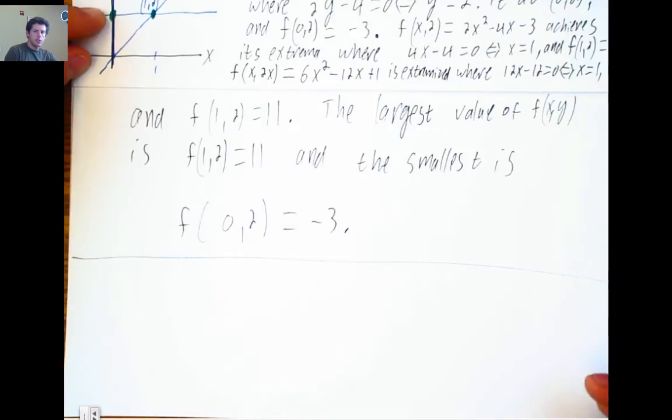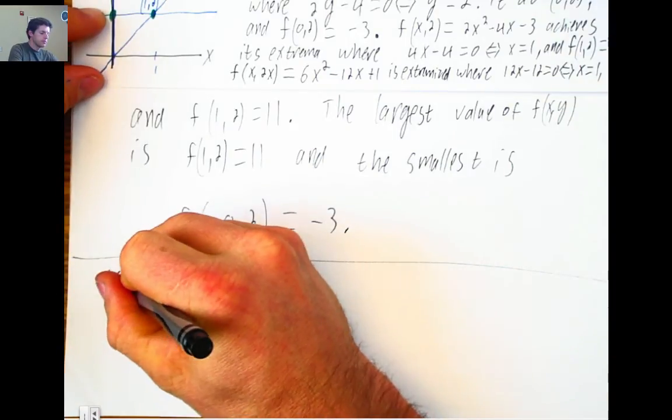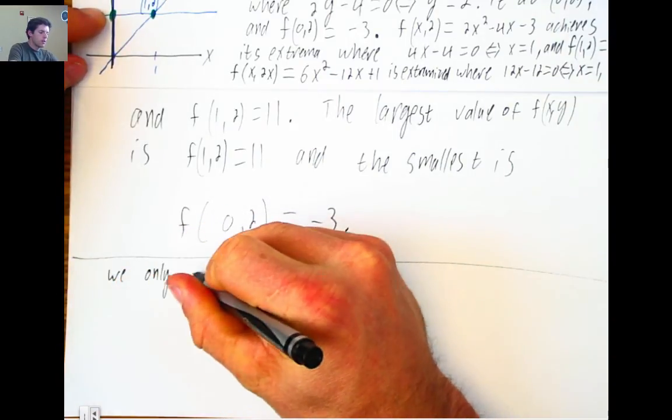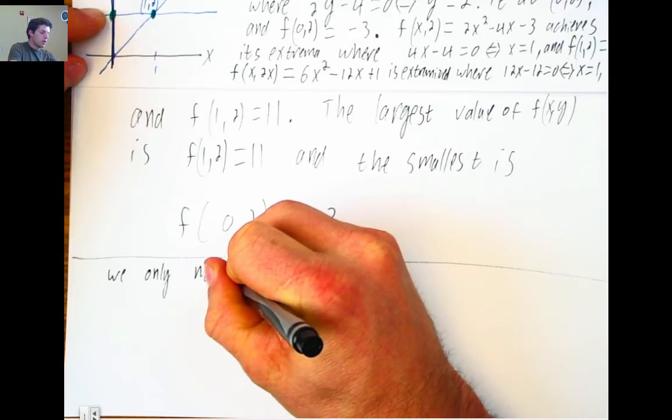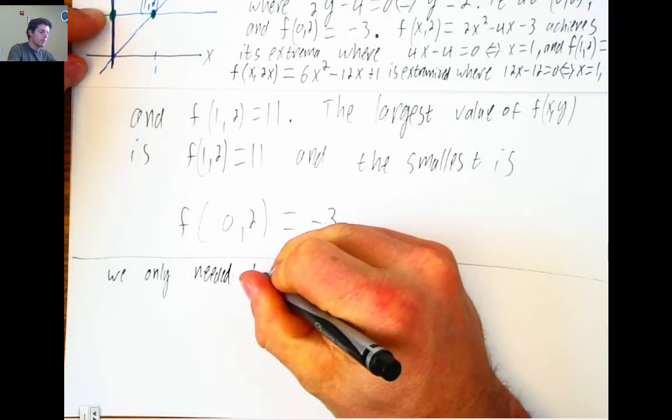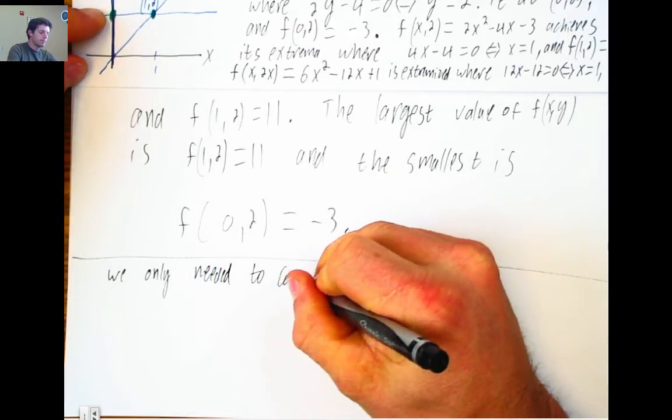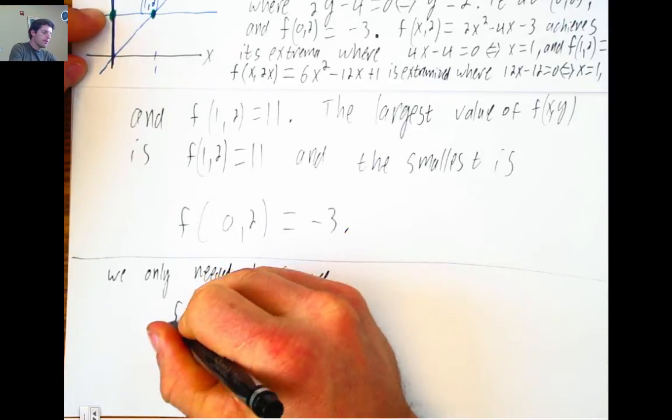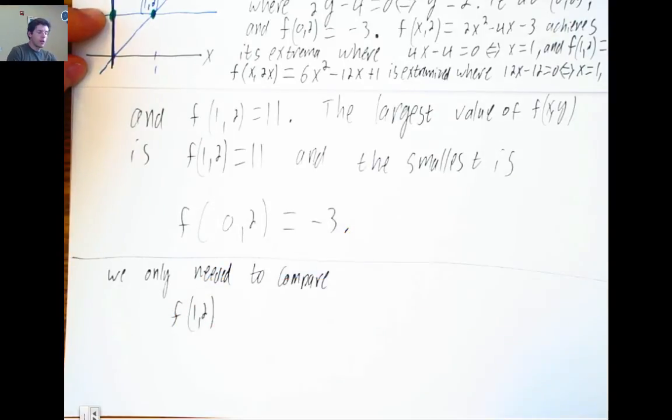Okay, now to recap, we only needed to compare f of 1, 2, which we were looking at for two reasons. One, it was a place where the gradient was equal to the 0 vector.